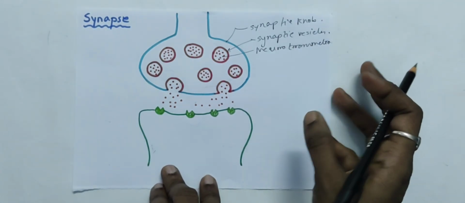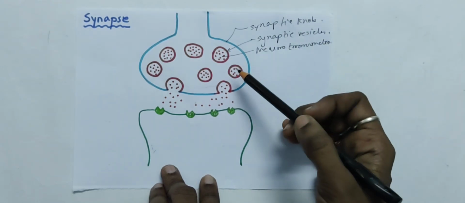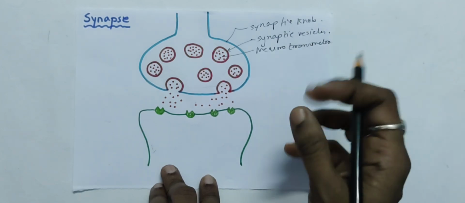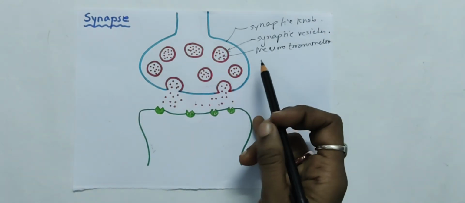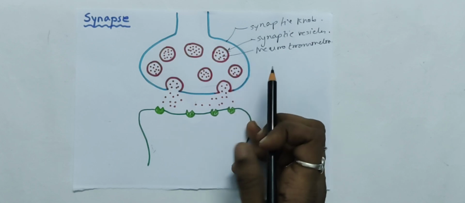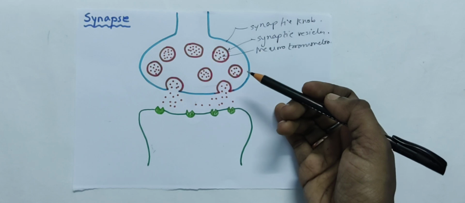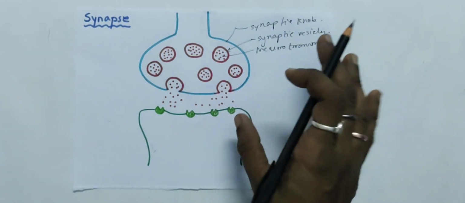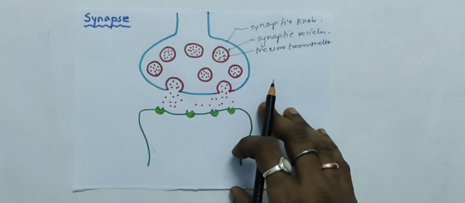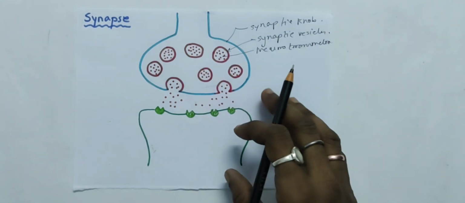Neurotransmitters are of different types. Based on the type of neurotransmitter, neurons are of 2-3 types. If it contains adrenaline, it is called an adrenergic neuron. If the neurotransmitter is acetylcholine, that type of nerve is called cholinergic. Dopaminergic means the neurotransmitter is dopamine. I have other videos on the types of nerves. If you want to know the details, go through that video.